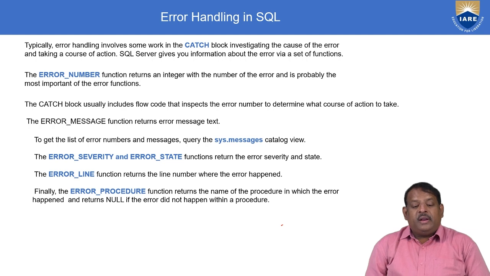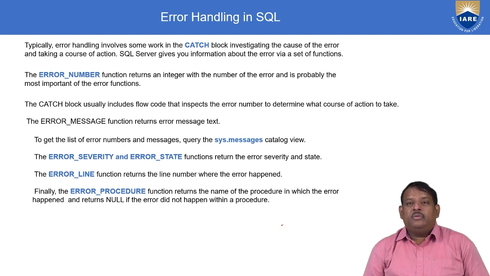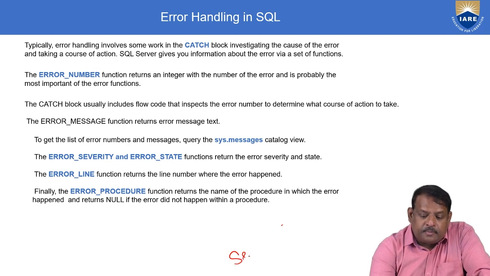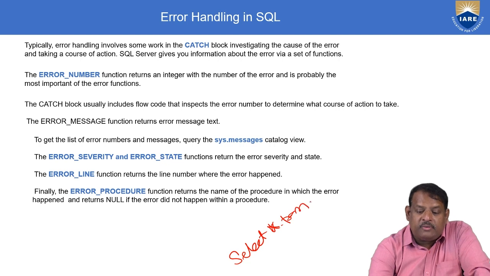If you want to get the list of errors and messages, to see what the error numbers and messages are, you have to query the sys.messages catalog view. So you have to write a select statement: select star from sys.messages.